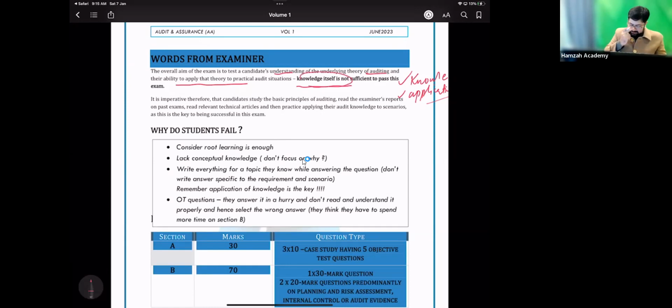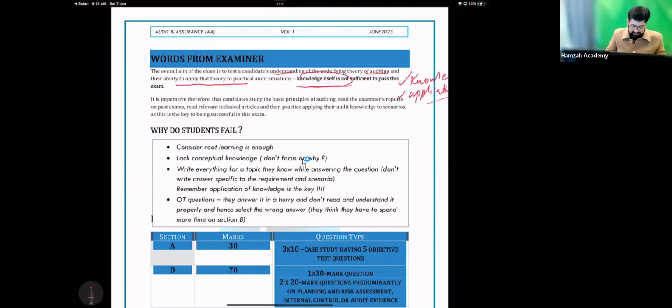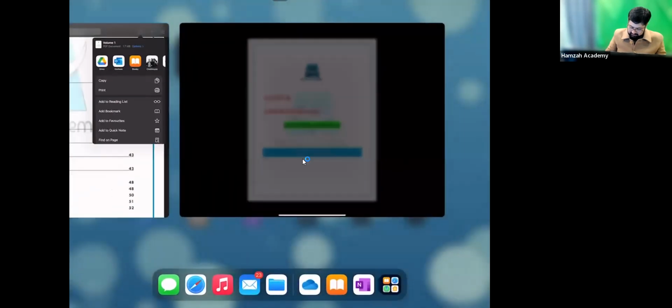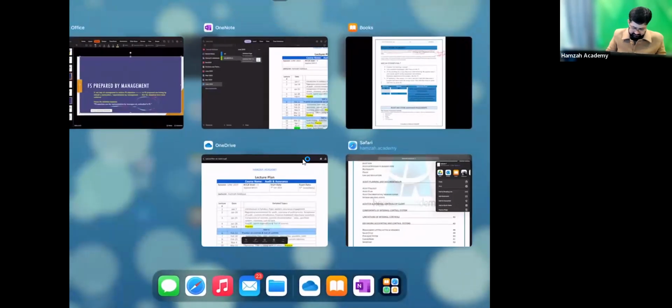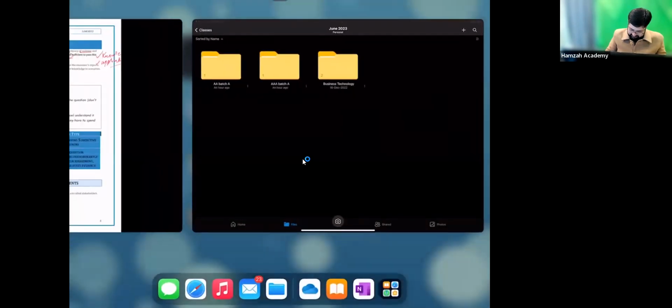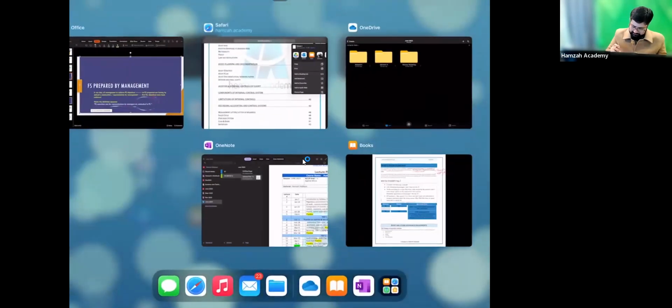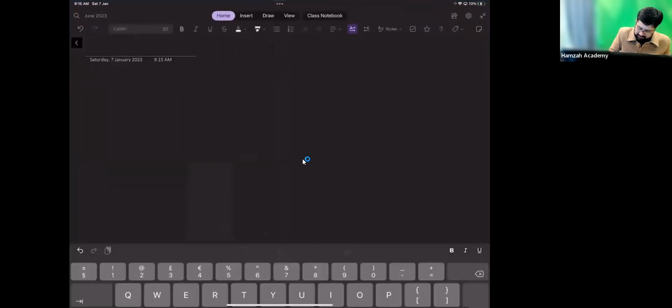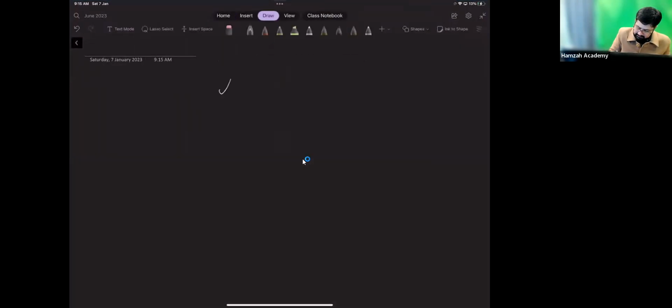And I normally say to students that there are three things. Here it is. You see here, the first thing is knowledge. The second is application of knowledge to scenarios.